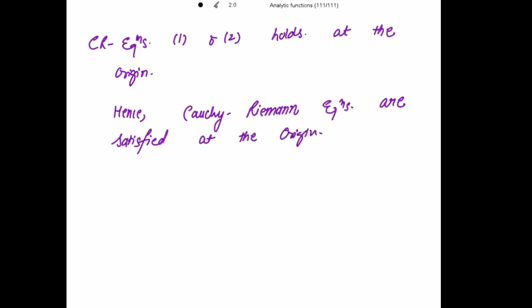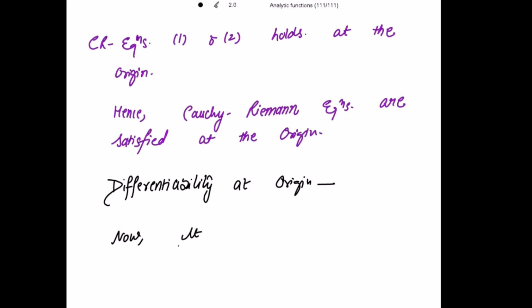And now we need to check the differentiability at the origin. For that we consider limit z tends to 0 of [f(z) minus f(0)] divided by z. We need to find whether this limit exists or not. If this limit exists, we say that the function is differentiable at the origin, and if not, then the function is not differentiable, right?